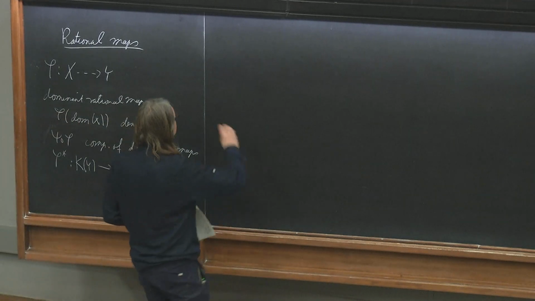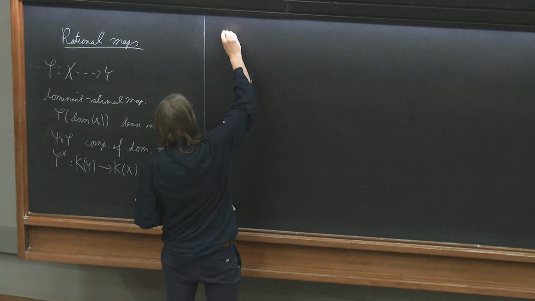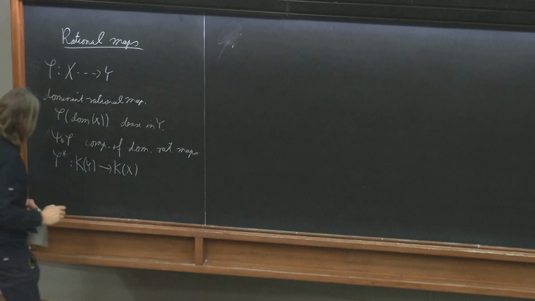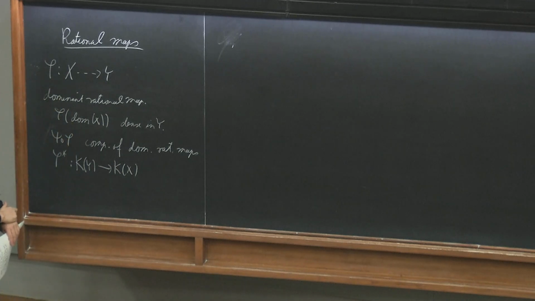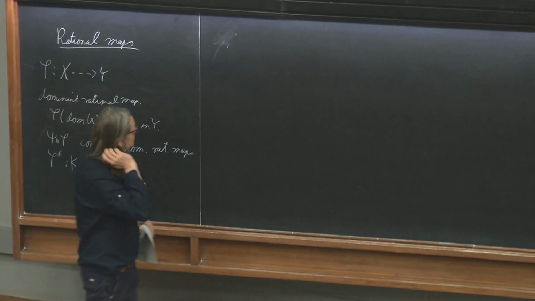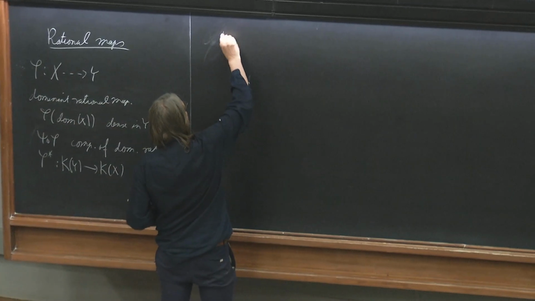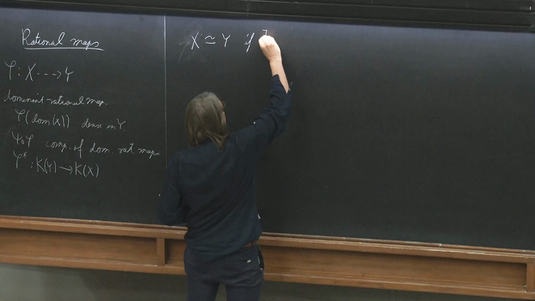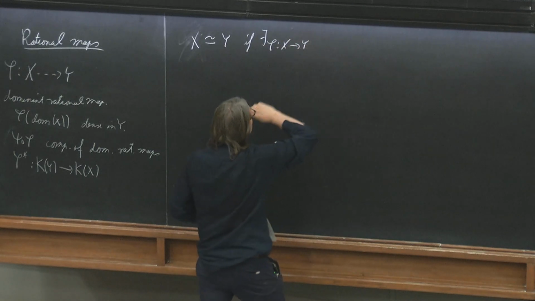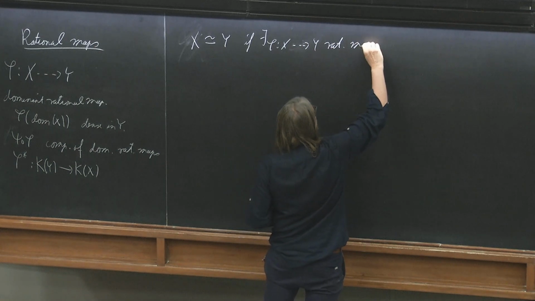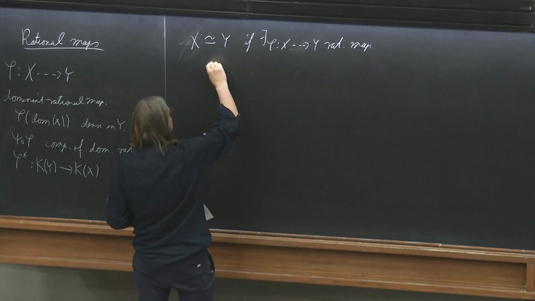And we had seen as a last thing that the following are equivalent. No, I forgot to say. So in particular, X and Y are called birational if there is a dominant rational map from X to Y which has an inverse rational map.